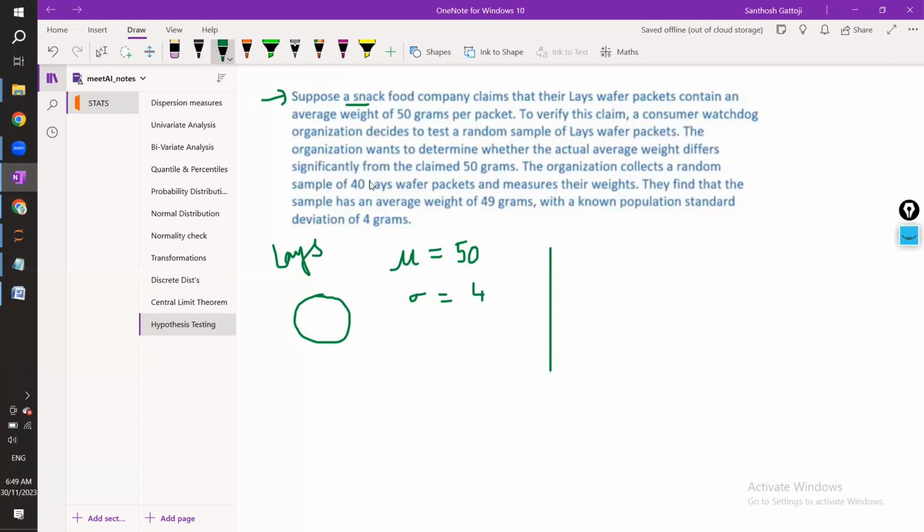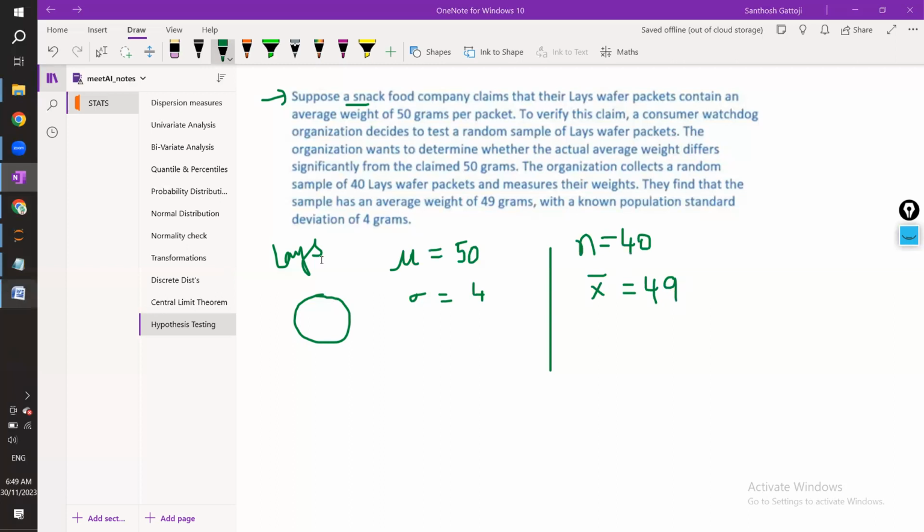Sample of 40 packets, n equal to 40. And what is the sample mean? They found that the sample has an average weight of 49, so x bar equal to 49. So these are the values which can be extracted from the given problem.